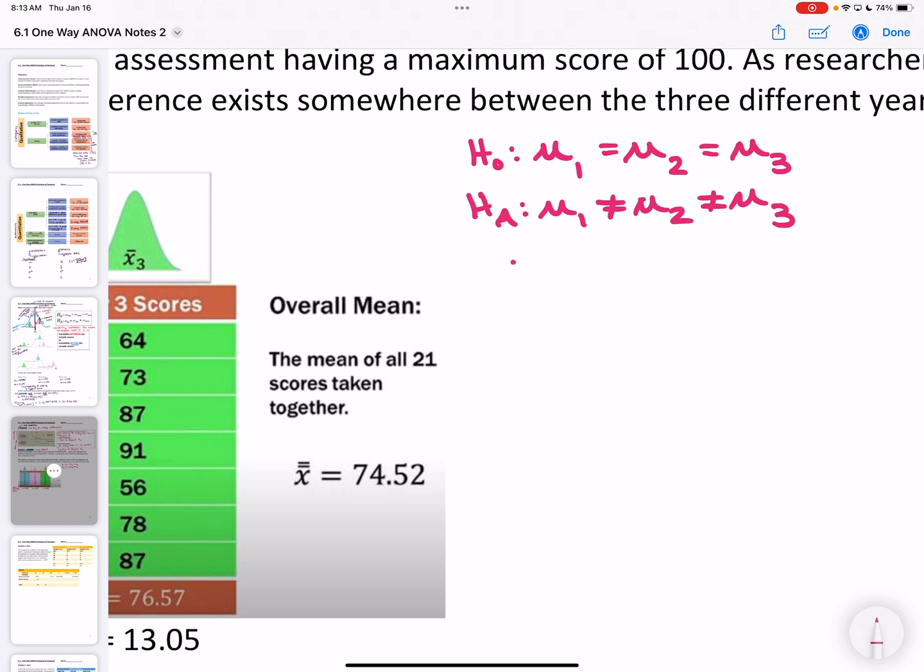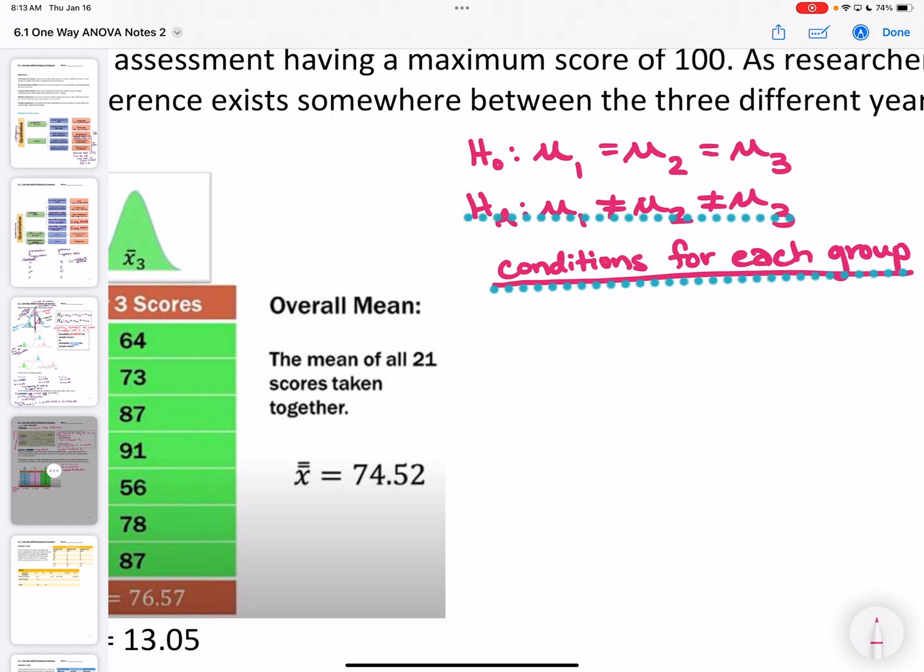So if you are doing this for your SRP, or for your final project in here, remember, I'm going to let you choose a topic and collect your own data. You have to check the first 3 conditions for each group. And then the 4th condition, you just check it one time.